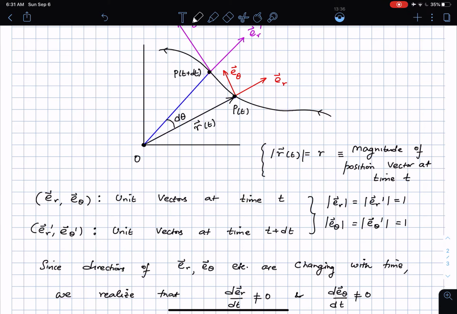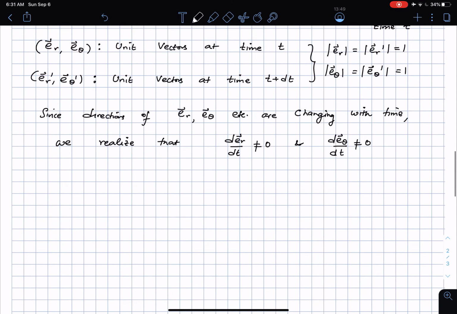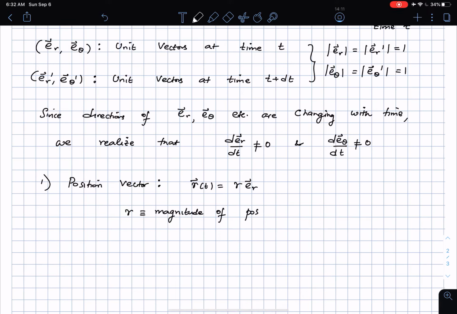So let me start off by writing the position vector. That should be fairly straightforward, right? Because any vector is its magnitude times its unit vector. So position vector r is nothing but its magnitude, little r, times its unit vector E_r. So the first thing is the position vector: r of t is the magnitude times E_r, where r is the magnitude of the position vector at time t.